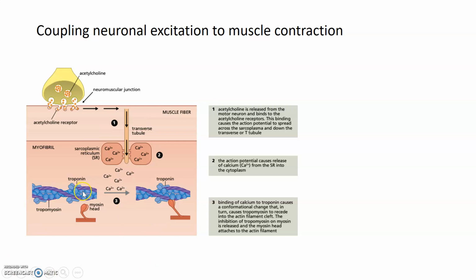And usually those binding sites are actually covered up by this rope-like structure you can see here in purple, which is known as the troponin-tropomyosin complex. And that troponin-tropomyosin complex makes a rope, as you see here, that wraps around the thin actin filaments, blocking the myosin binding sites and preventing muscle contraction.